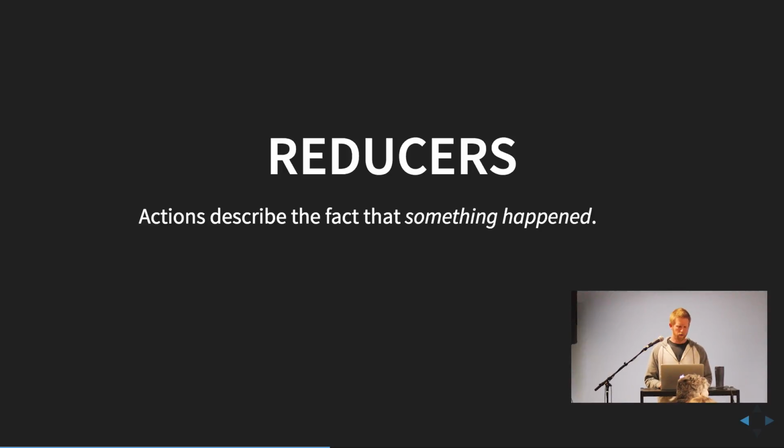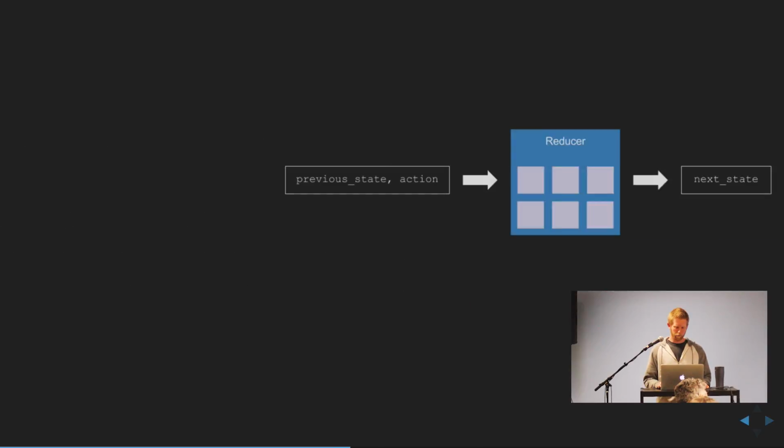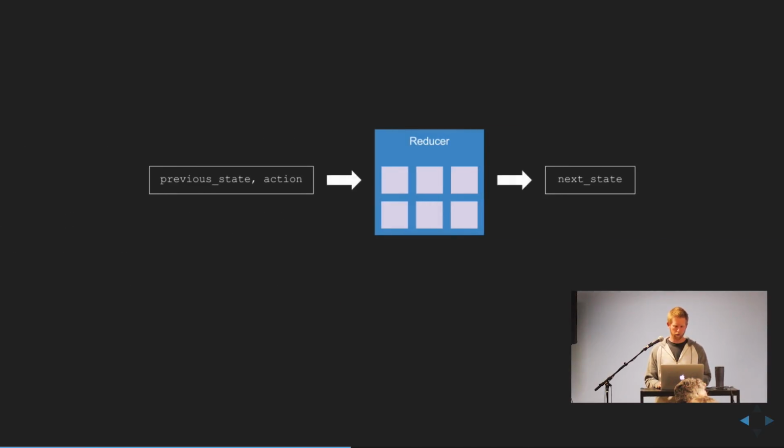So where actions describe the fact that something happened, they're just data. They don't deal with actually changing anything in the state. This is really the job of reducers. So in Redux, we really have a single reducer, a root reducer.